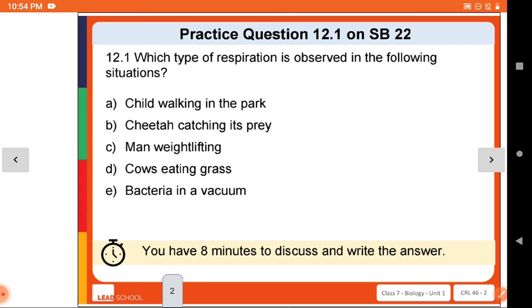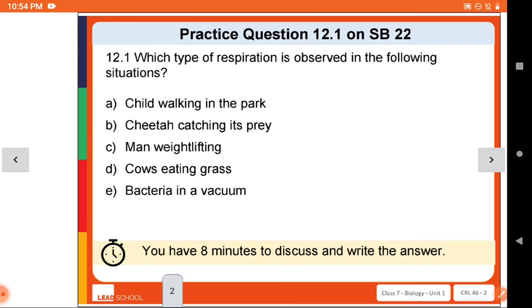Which type of respiration is observed in these situations? You have to search in your NCERT after reading the chapter and give the answer.